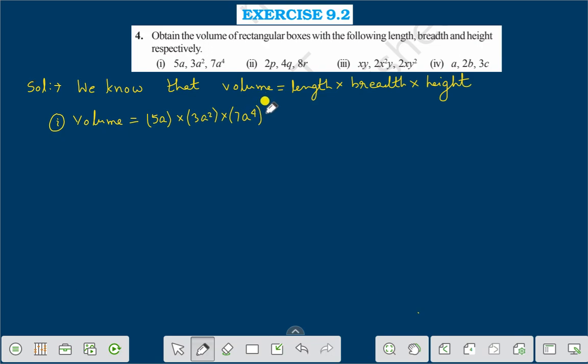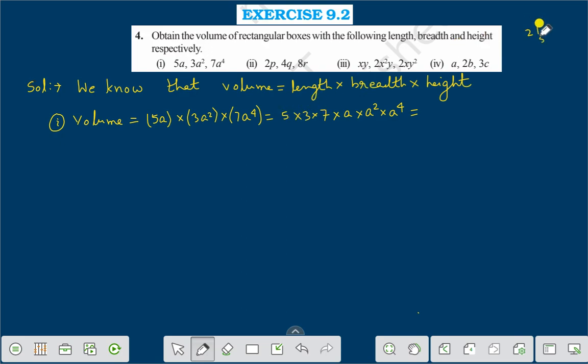We first multiply the numbers, that is 5 into 3 into 7, into a square into a to the power 4. Multiplying the numbers, we get 21.